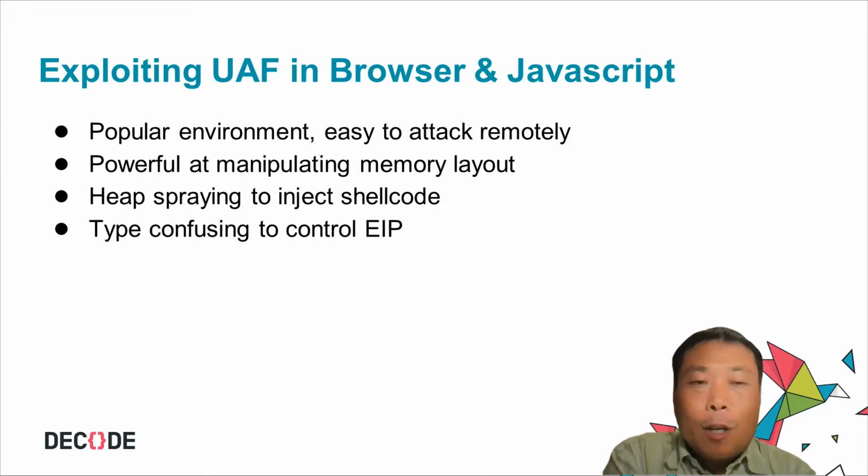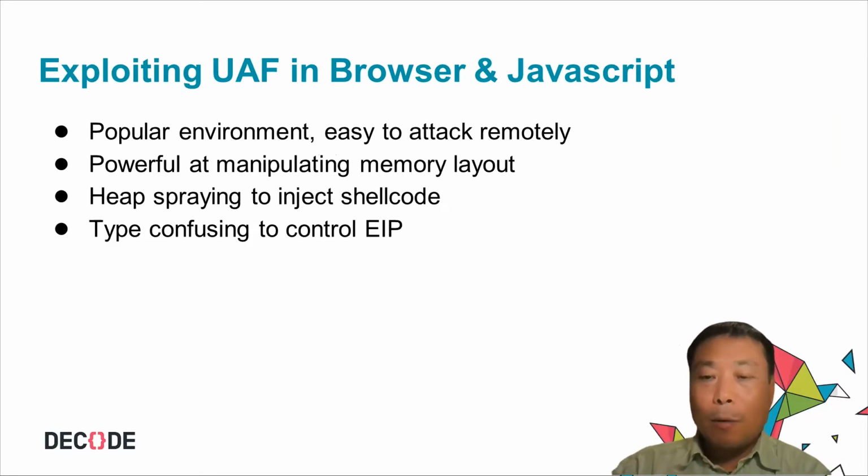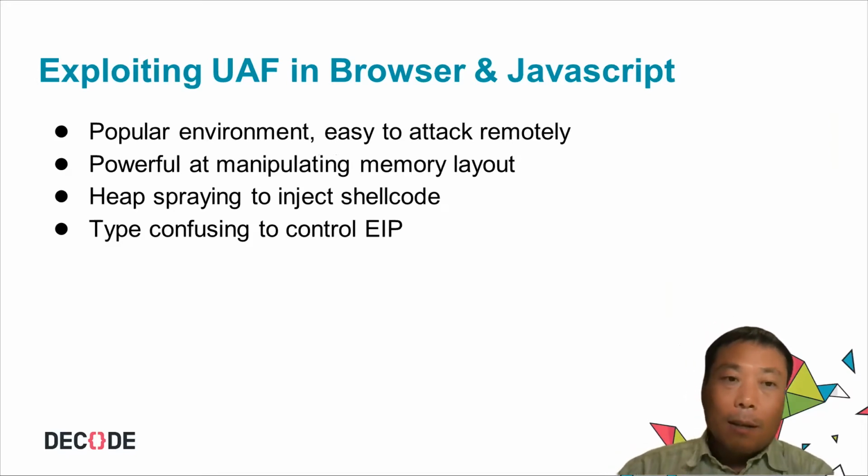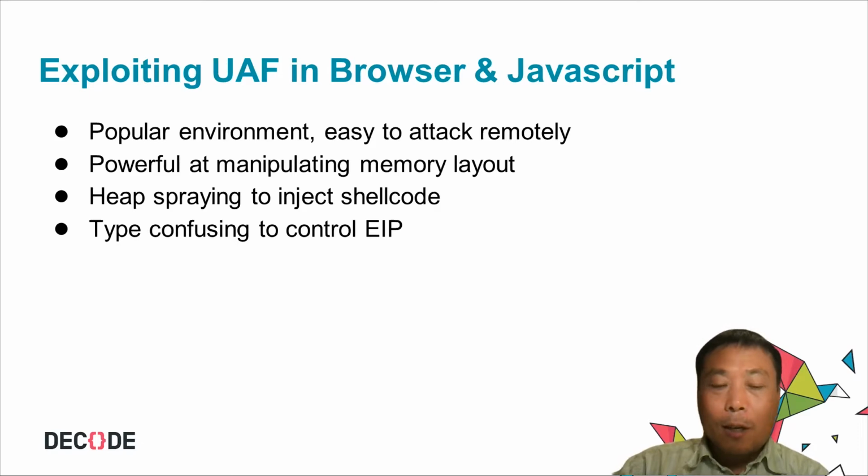Like this kind of Use-After-Free vulnerabilities, most of the exploits will happen in the browser and JavaScript. Since everybody is using a web browser, if we can entice a user to open a web page we controlled, and if the user's web browser is vulnerable to a vulnerability, very likely we can control his computer.